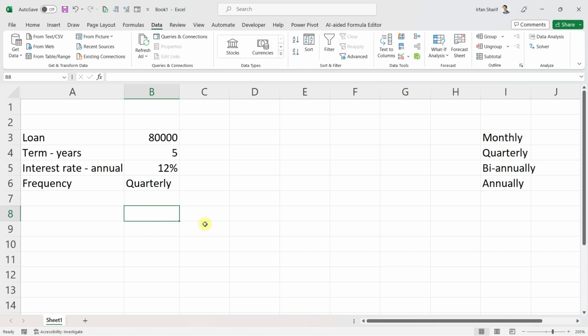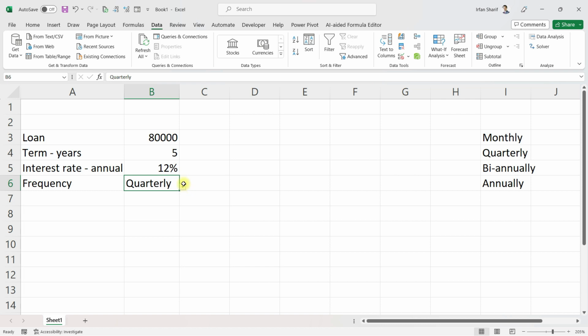To calculate all those values of the payment and the interest payment, before we start writing the Excel formulas, we need to talk about something very important, and that is, in the formulas of all those calculations, we will not be putting the annual interest rate, and we will not be putting the term of the loan in years. Rather, we will be talking about the same interest rate and same term in the same language as the frequency.